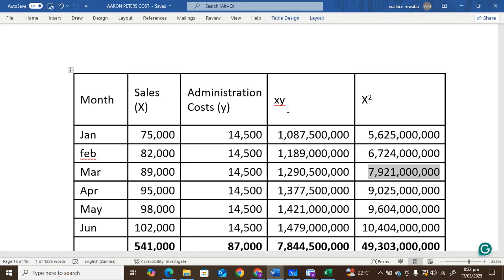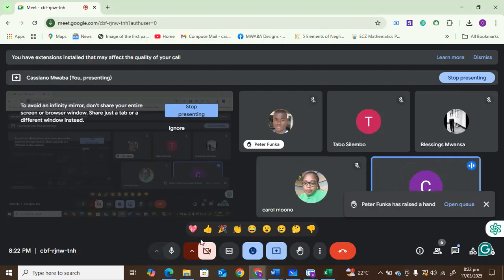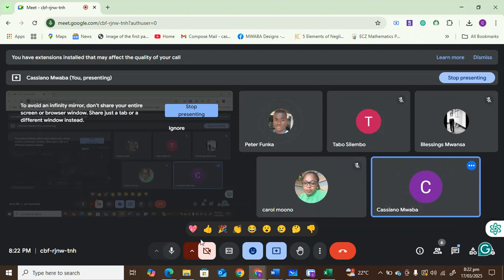So what you must remember for least squares regression is you're multiplying x by y and you're squaring x. If you can remember those two, just remember that.